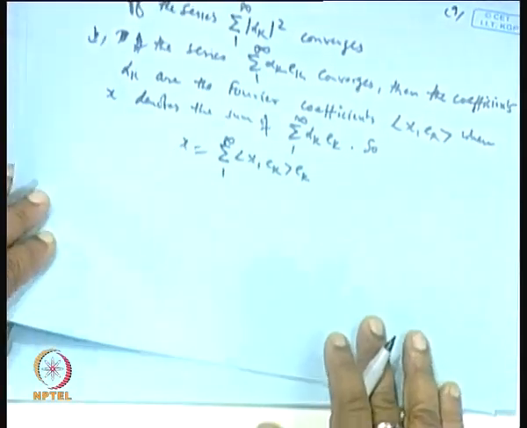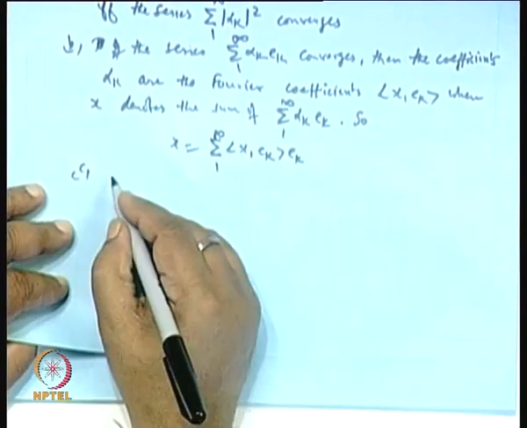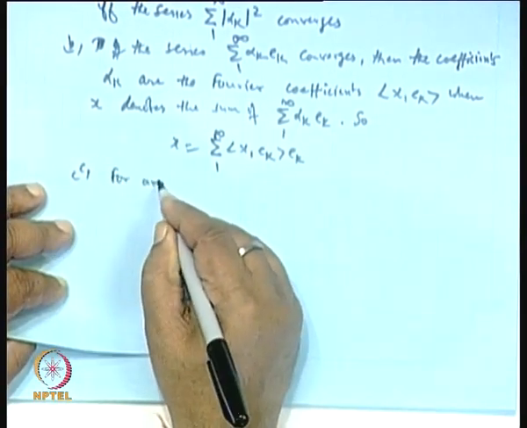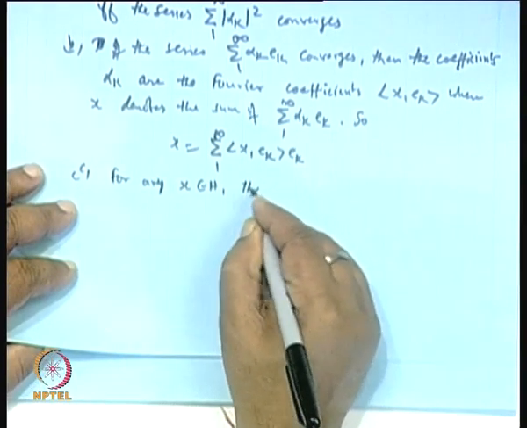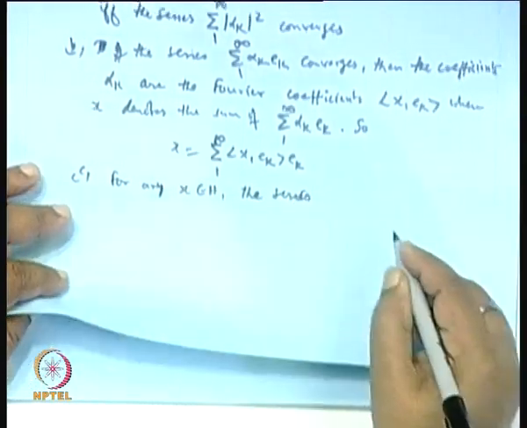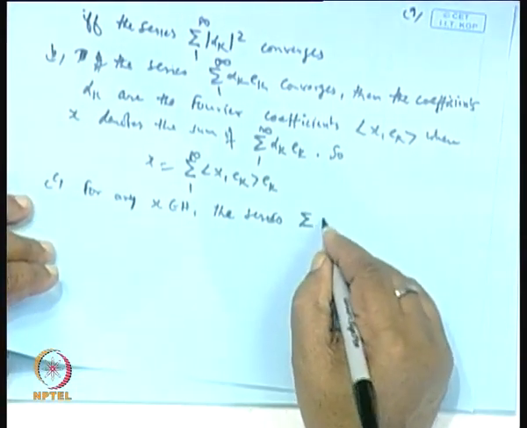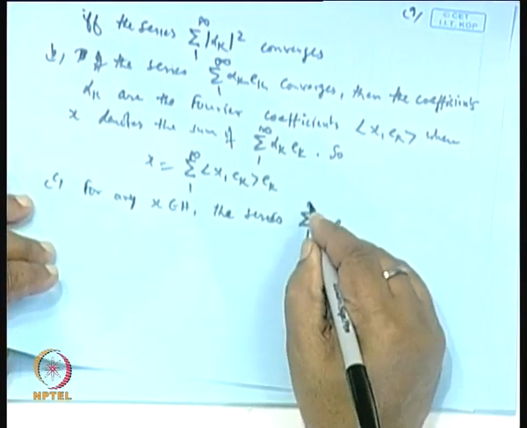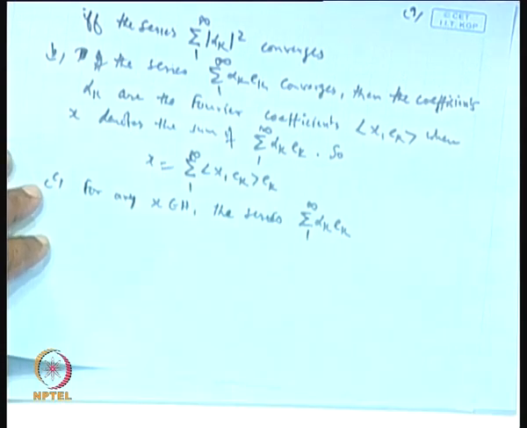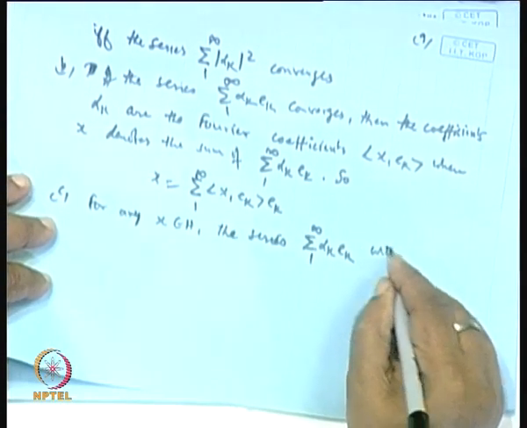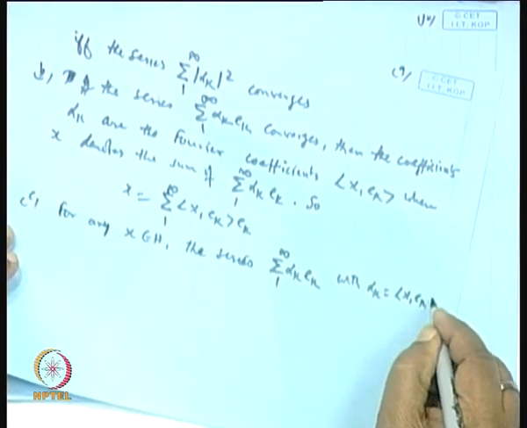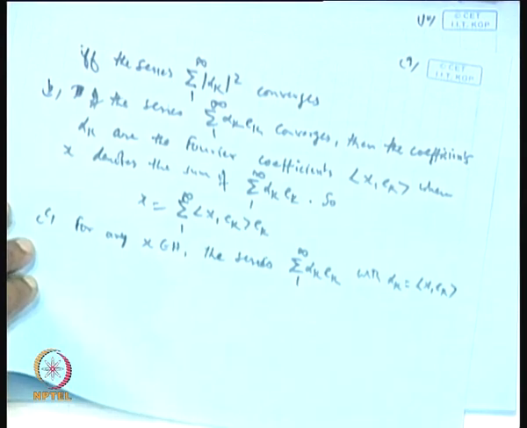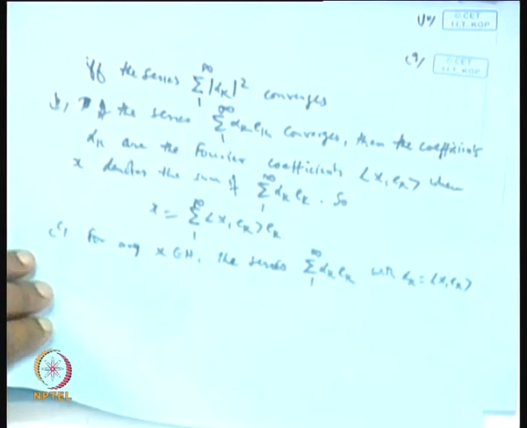And third, (c): for any x belonging to H, the series sigma alpha k e k, k is 1 to infinity, with alpha k equal to the inner product of x and e k, converges in the norm of H.